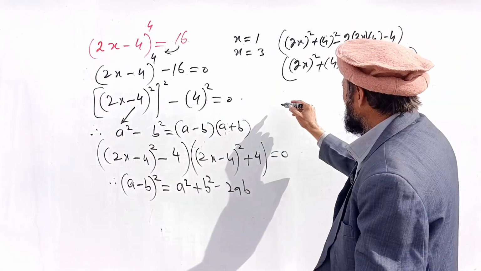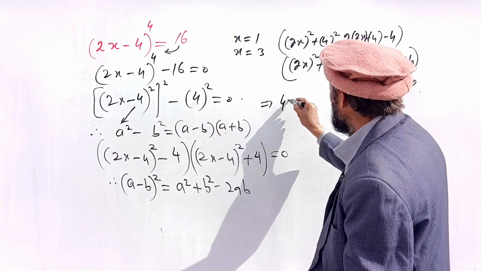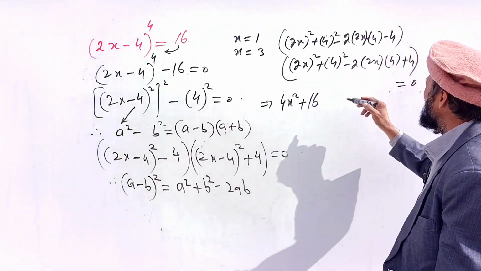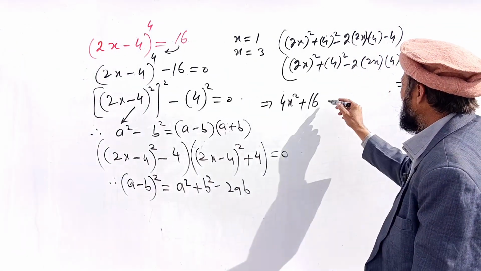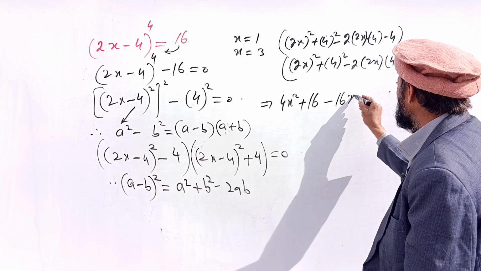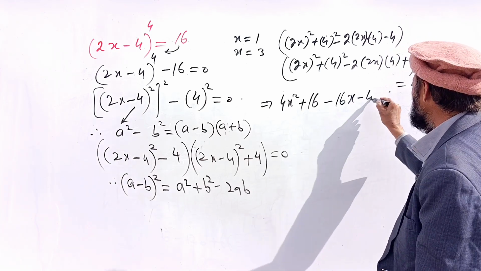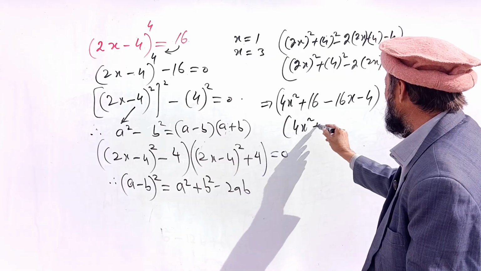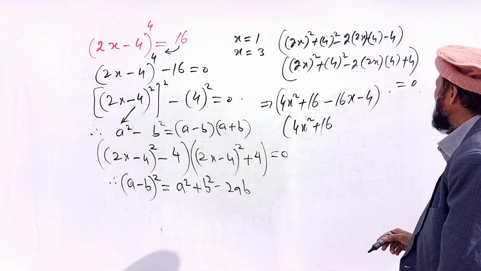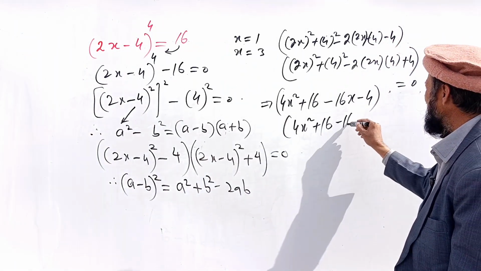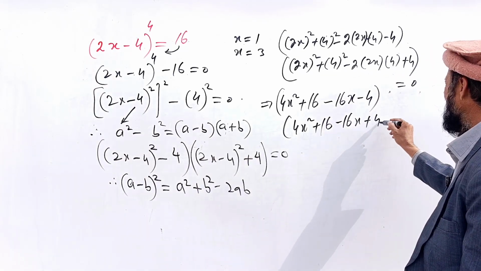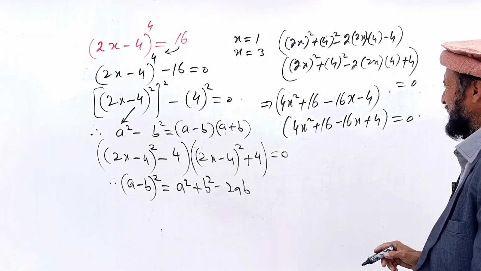Now we open it: this implies 4x square plus 16 minus 16x, minus 4 into 4x square plus 16 minus 16x, plus 4 is equal to 0.